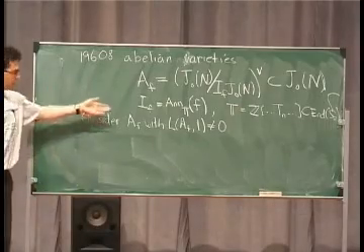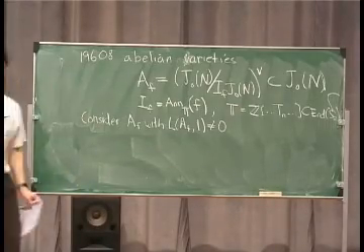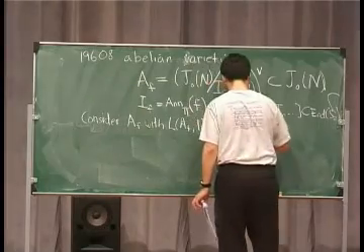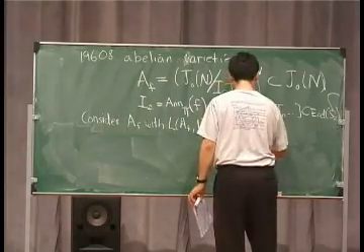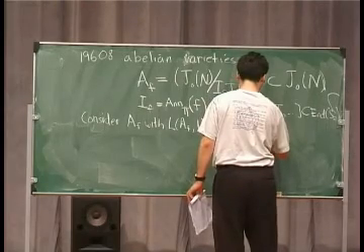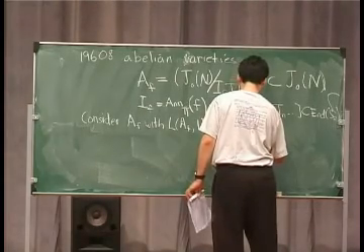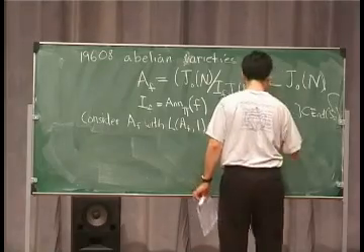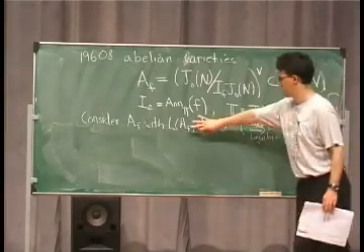And by results of Kolyvagin, Gross, and Zagier, mainly Kolyvagin, using Euler systems, and also Logachev, you know that A sub f is not an elliptic curve. So these guys wrote two papers that deal with this situation.